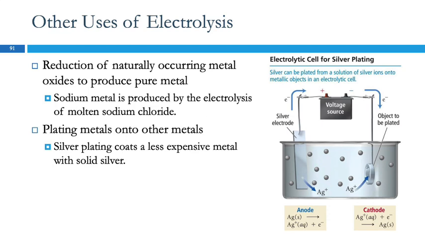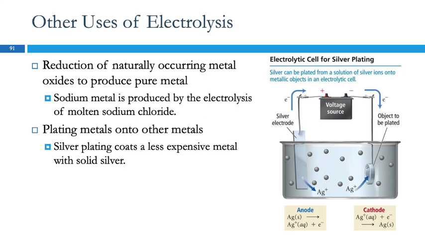It reacts with the moisture in the air, right? So you're not just going to be digging in the dirt and find a chunk of sodium. Any sodium that's out there has reacted with something else, and it's part of a compound. But through electrolysis, you can take something like sodium chloride, and you can reduce the sodium ions into sodium atoms and get the pure metal that way.